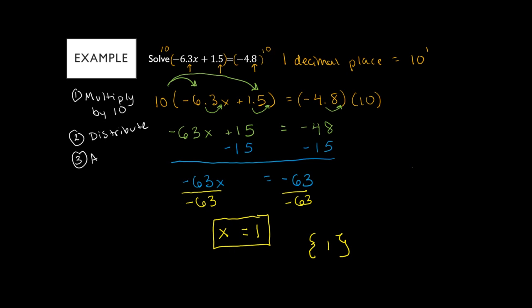And then the next thing, when we subtracted 15, that was actually the addition property of equality. And then when we divided both sides, that's the multiplication property of equality.